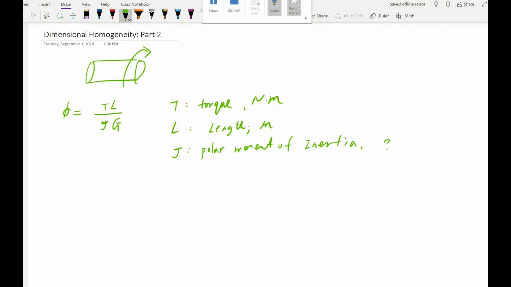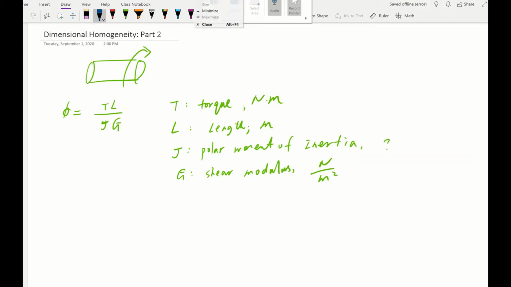That's what you're solving. And G is the shear modulus, which has a unit of Newton per meter square. So you're solving for the dimension of J, the polar moment of inertia.